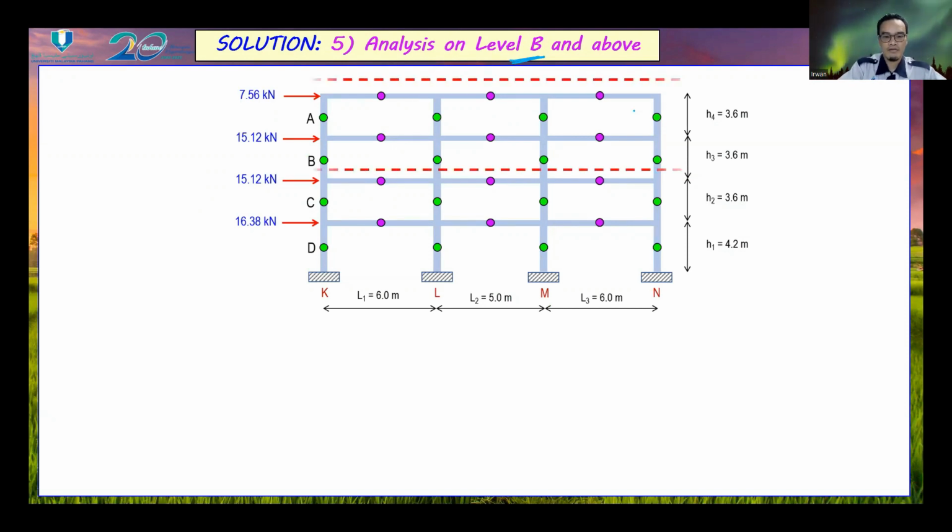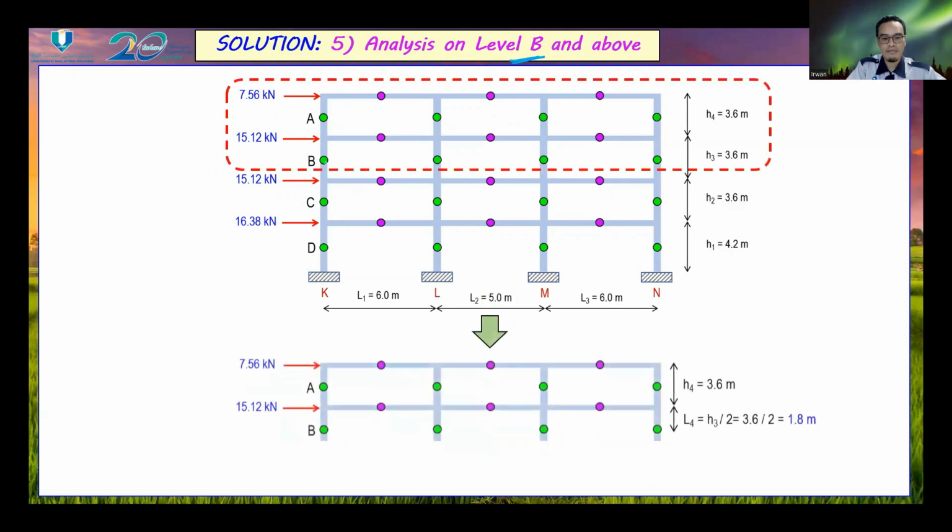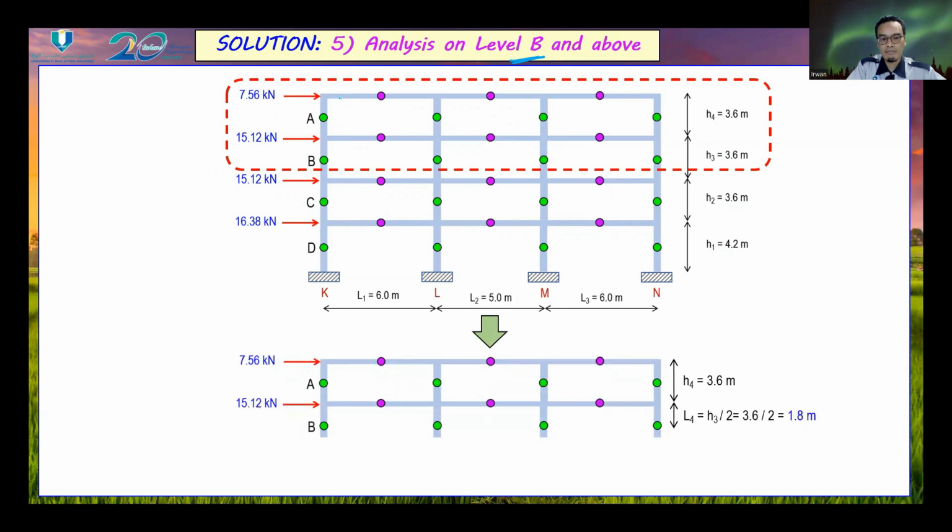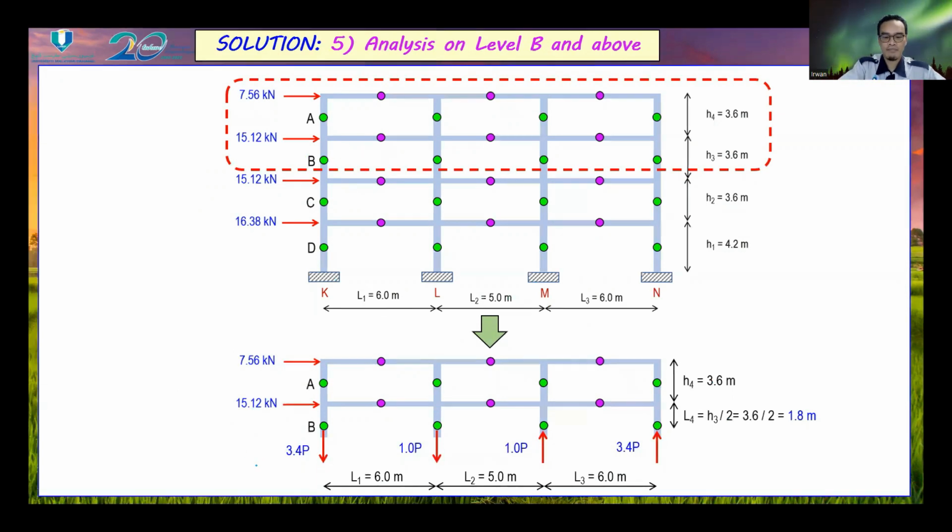We move to step number 5, which is the analysis on level B and above. So now we consider from the top part of the building to level B. We extract the subframe like this one, and then we consider the axial load in the column.